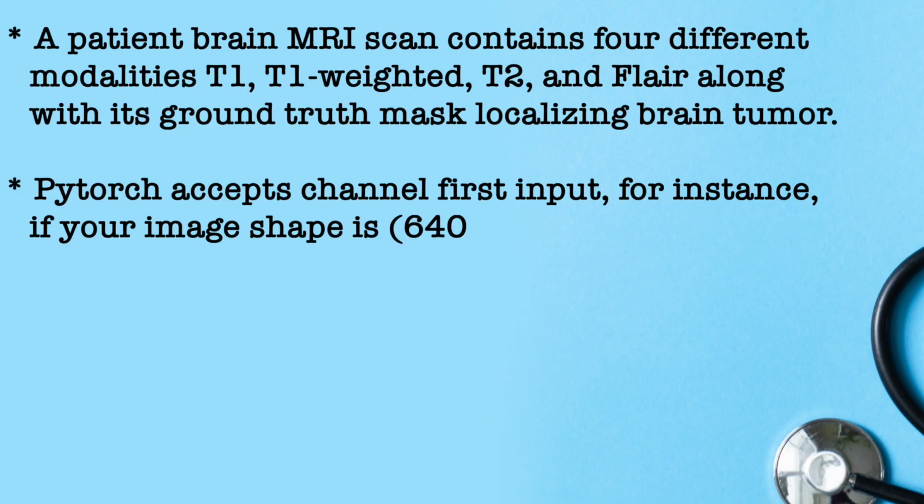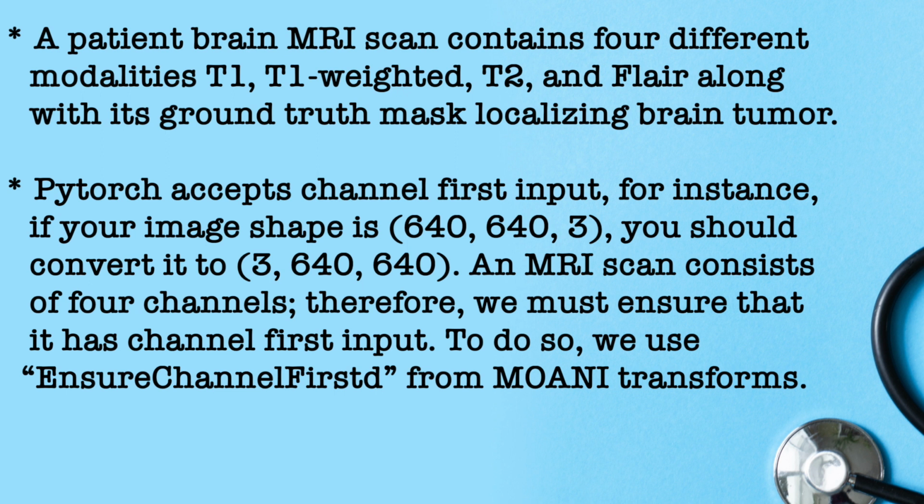A patient's brain MRI scan contains 4 different modalities, that are T1, T1 weighted, T2 and FLAIR, along with its ground truth mask localizing the brain tumor. PyTorch accepts channels first input.